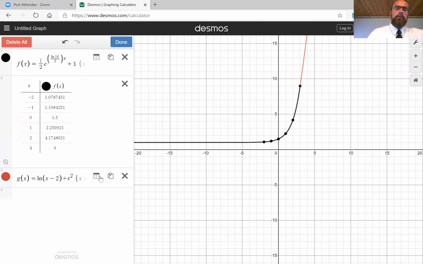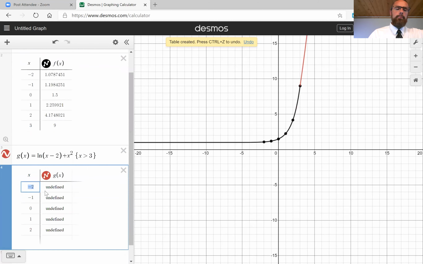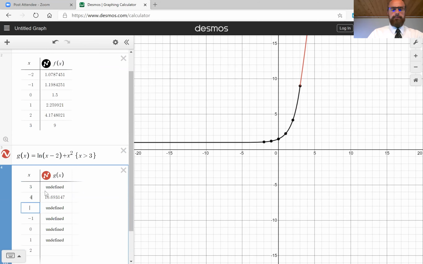For the right-hand curve, we're going to start at 3. So you can see it's undefined all the way down. But let's just change it from 3 to 4 to 5, and then we're going to get rid of the rest.